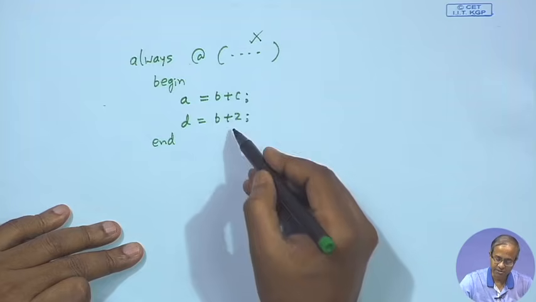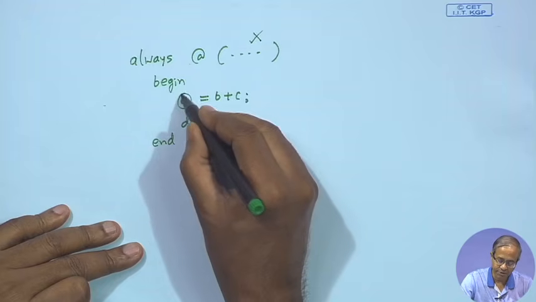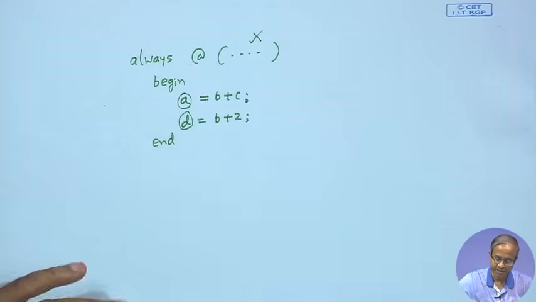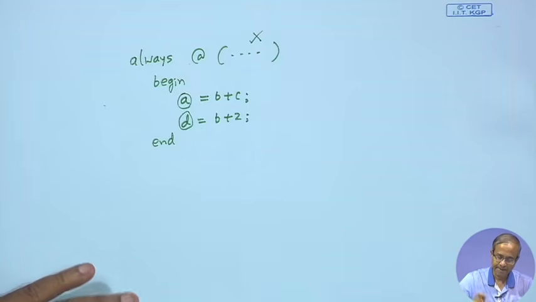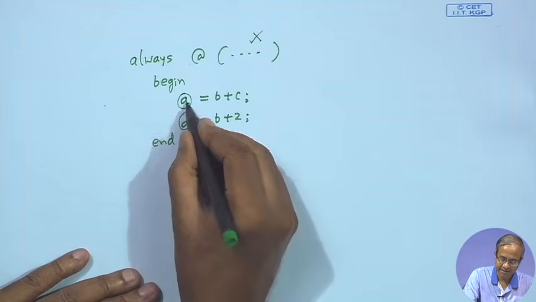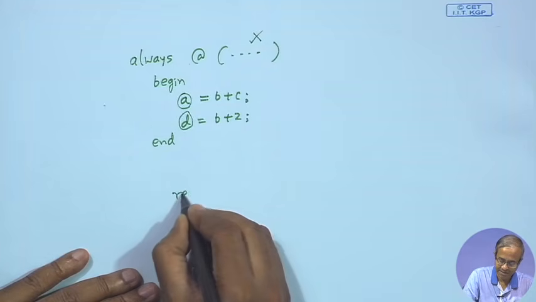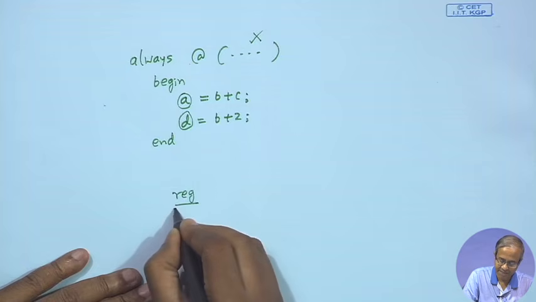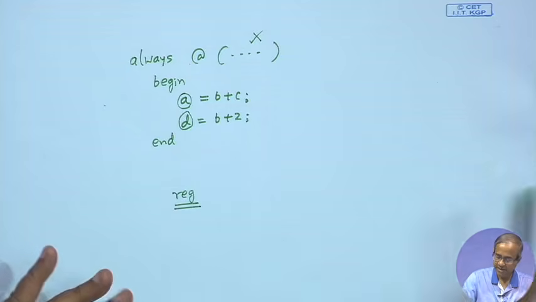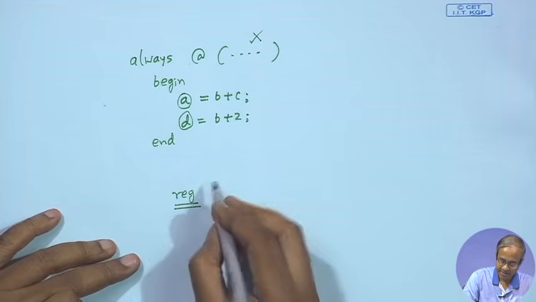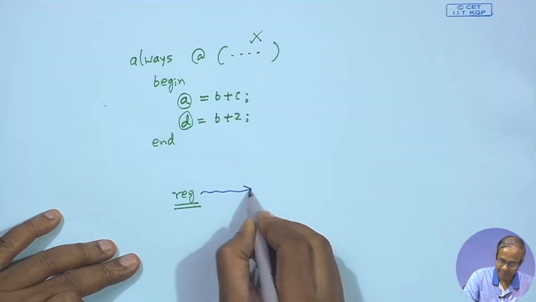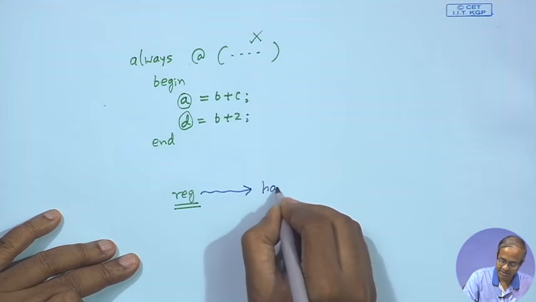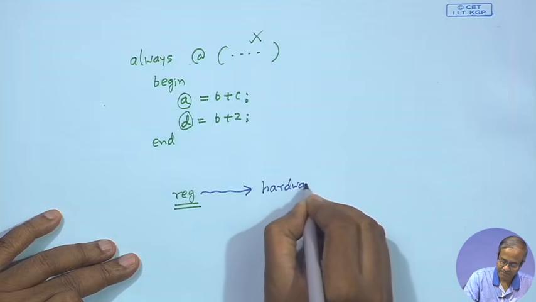Whatever you have assigned to A and D should remain in A and D. That is why the left hand side must naturally be reg type variables, so that if required, these reg type variables can be mapped to hardware registers by the synthesizer.